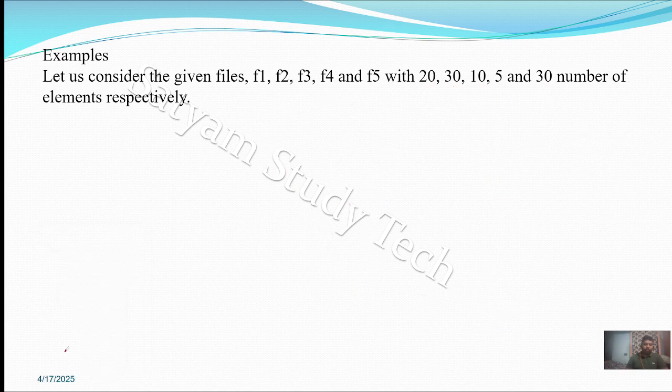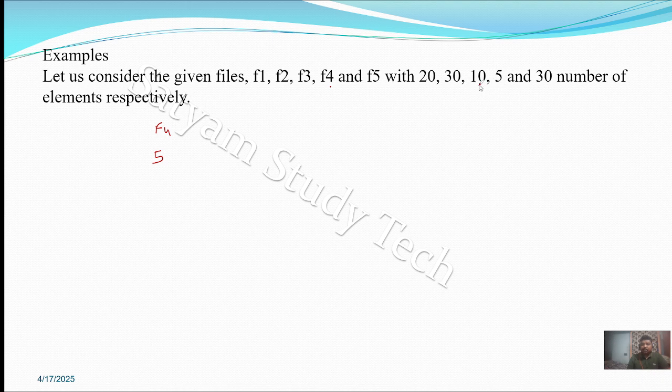So how can we solve this problem? Here you can see first what files there are. All the files you can note down in sorted order. For example, the minimum file is 5, that is F4.